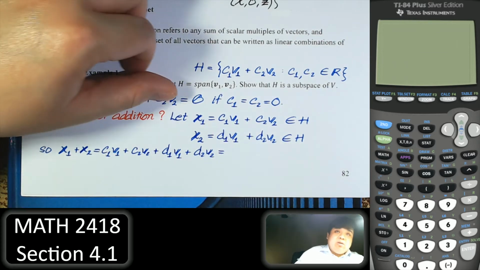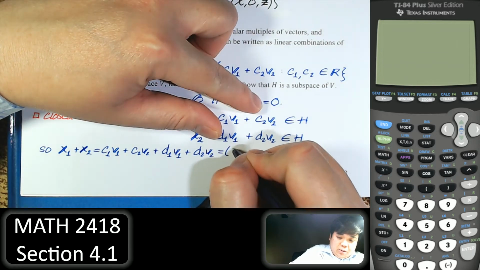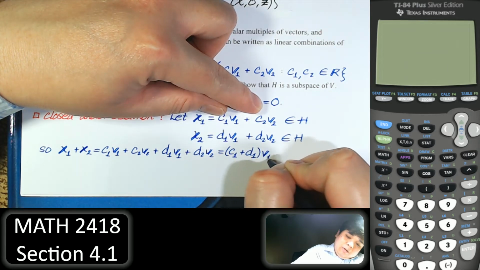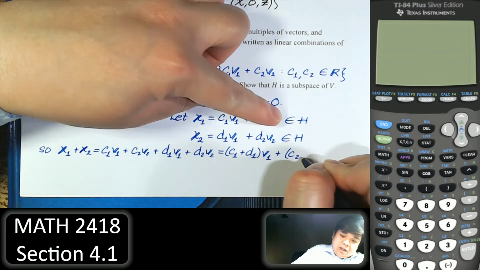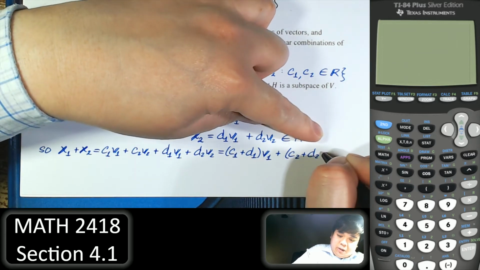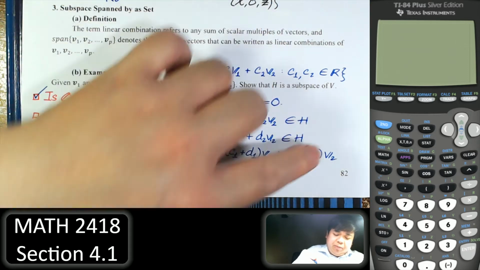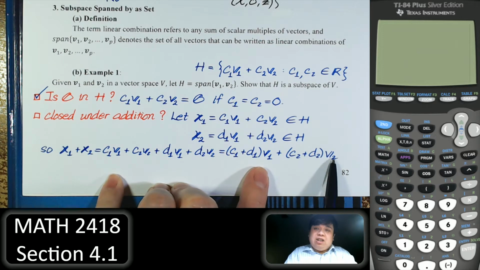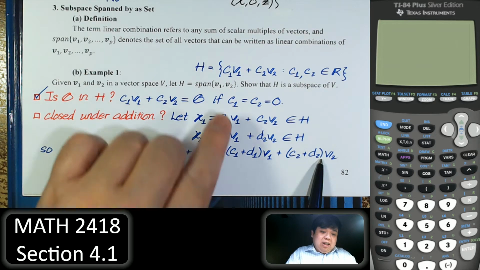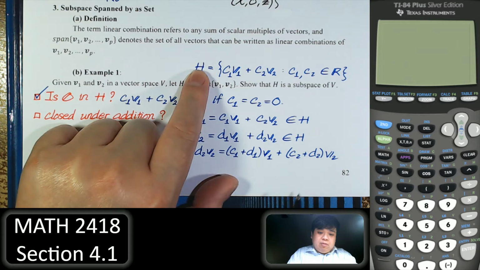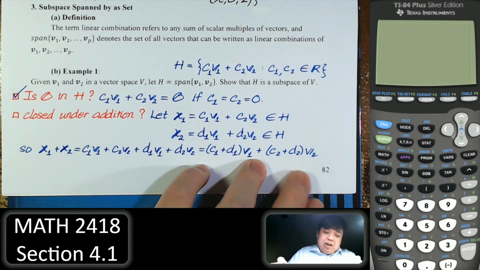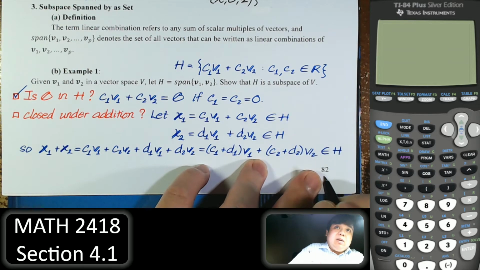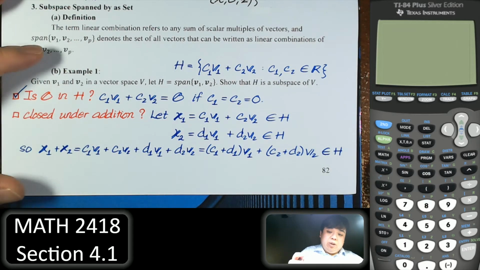We can factor out v1 and v2, so we have (c1 plus d1) v1 and (c2 plus d2) v2. Now since we write it like this, we have a constant times v1 plus a constant times v2. Because it satisfies the linear combination of v1 and v2, therefore this belongs to the set H, because it is a linear combination of v1 and v2. So yes.